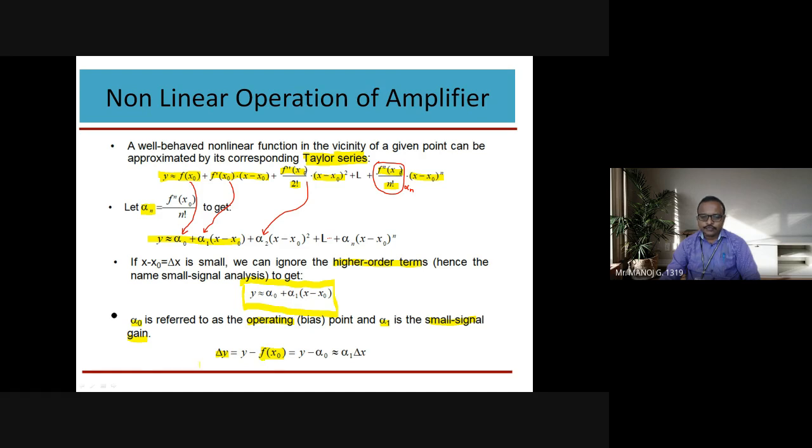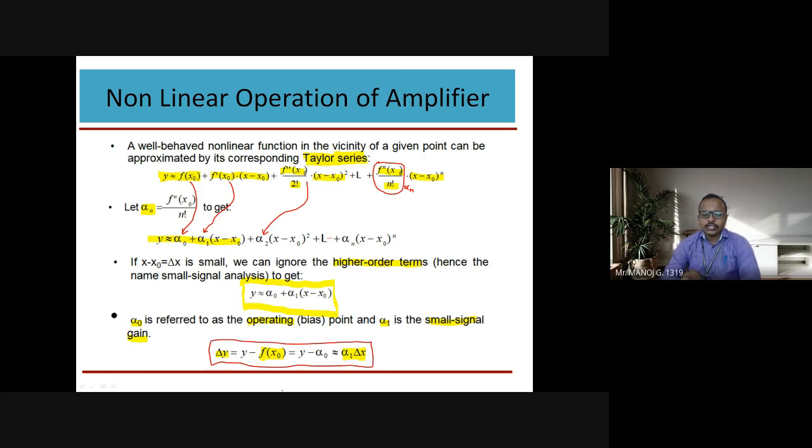This is a very important expression where delta y is approximately equal to alpha 1 into the small change delta x. Please be careful. You have made it to the standard format. This is how you rewrite the expression. Please derive it by yourself and see if you understand this.